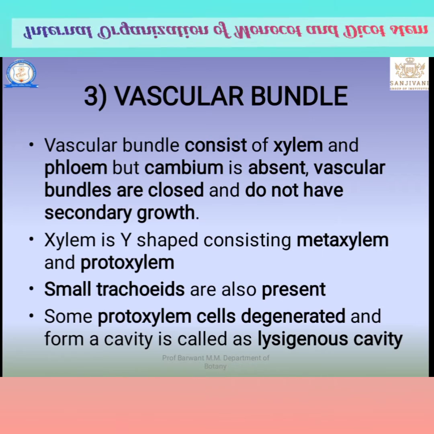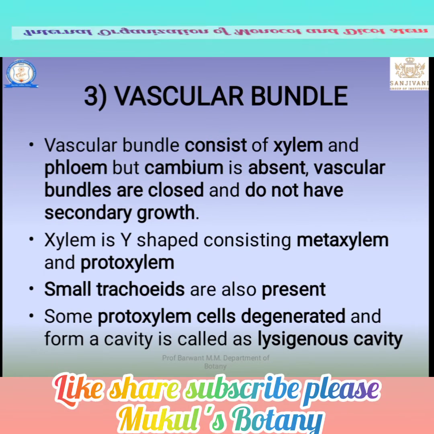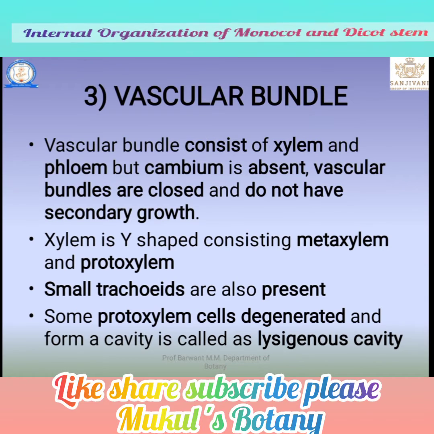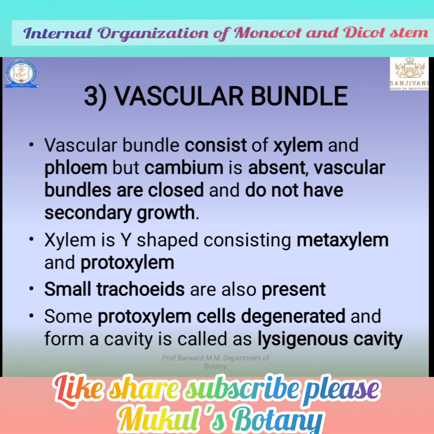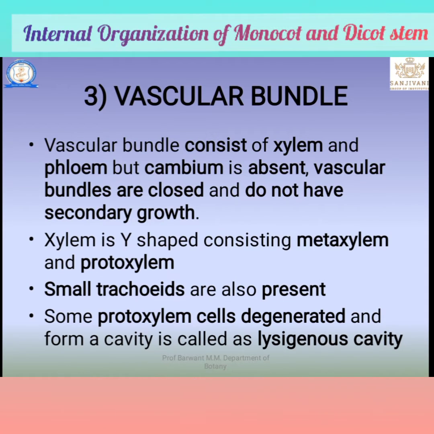That means the vascular bundle type is CCC, a triple C: collateral, conjoint, but in closed condition. Closed condition means cambium is absent, due to which secondary growth is not possible.